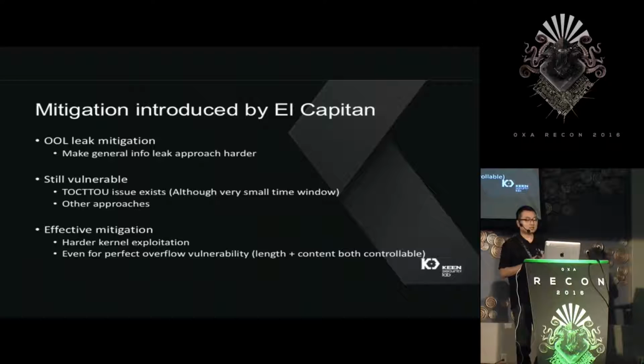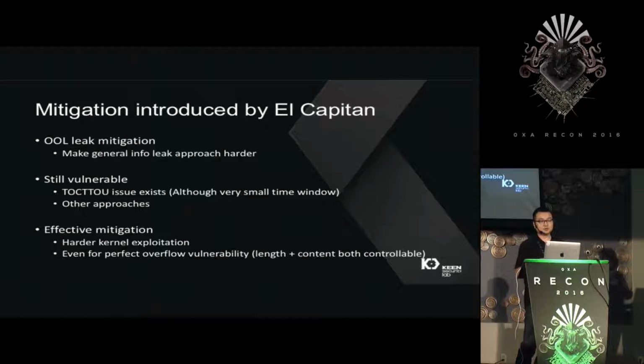So overall, the mitigation introduced by Apple in Capitan is very effective. Although the time-of-check issue still exists, it is not very reliable because the time window in between the two steps is very short.